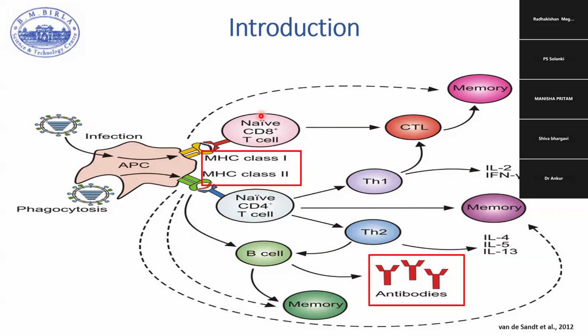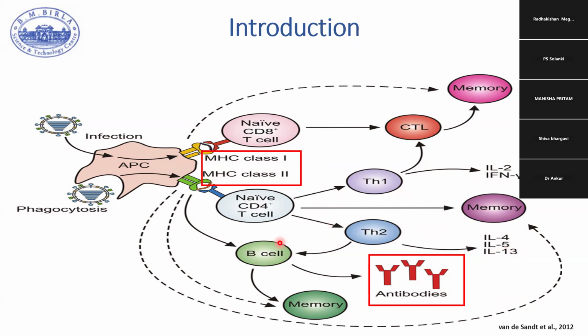In the case of CD8 T cells, it activates cytotoxicity and induces memory cells. What happens when a CD4 cell activates? It also induces T cell immune responses, Th1 associated and Th2 associated. Th1 induces interleukin 2 and IFN gamma cytokines, and Th2 cells induce interleukins 4, 5, and 13.